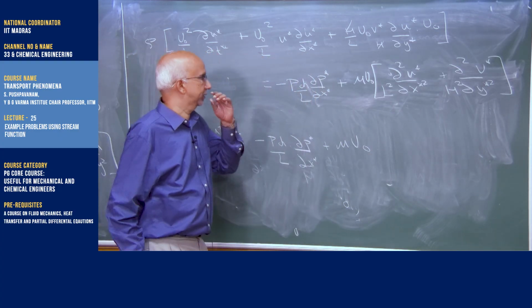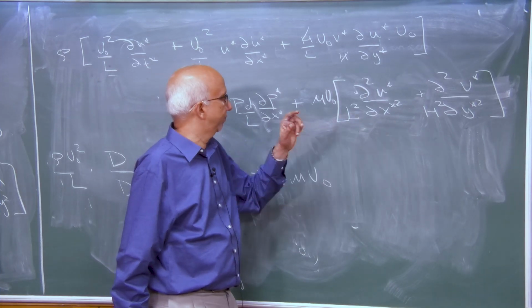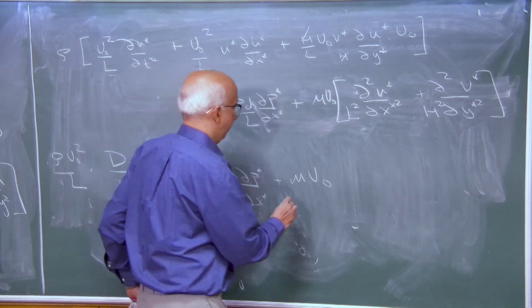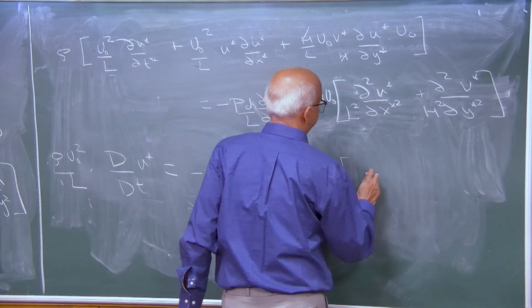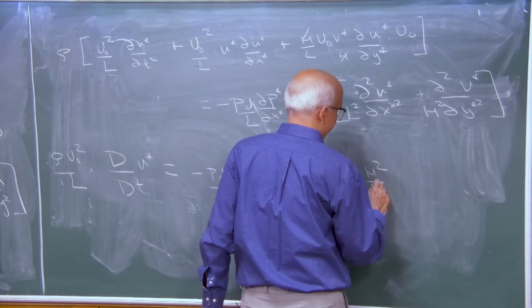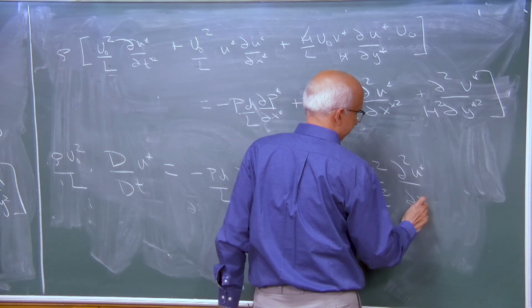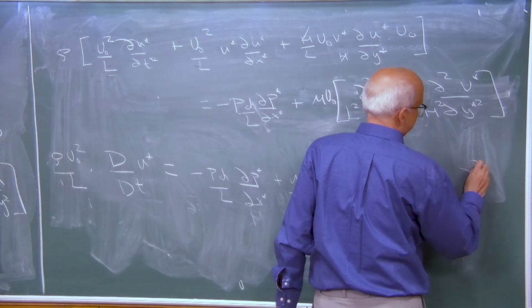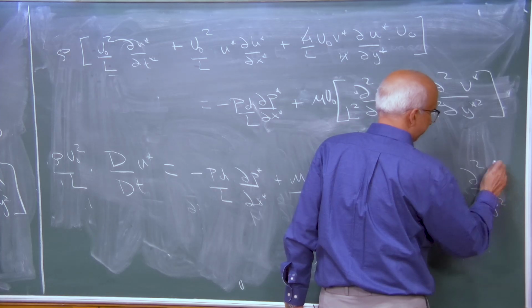What I want to do is factor out h squared common from both, okay. So I am going to write this as h squared, and then I have h squared by L squared d squared u star by dx star squared plus d squared u star by dy star squared.